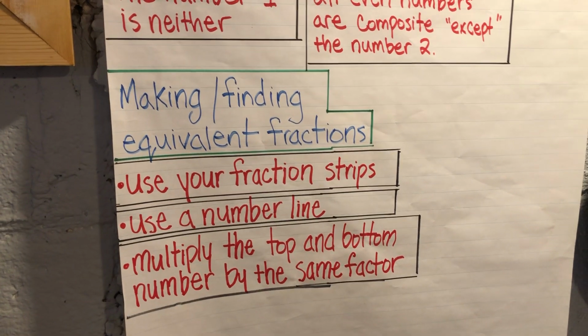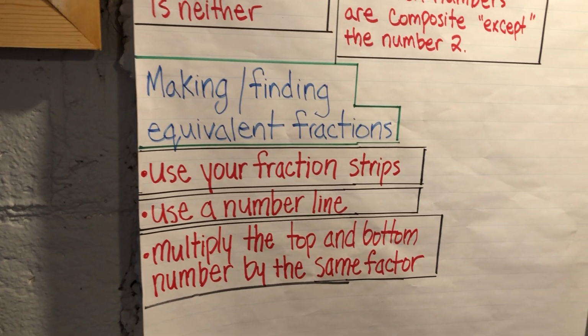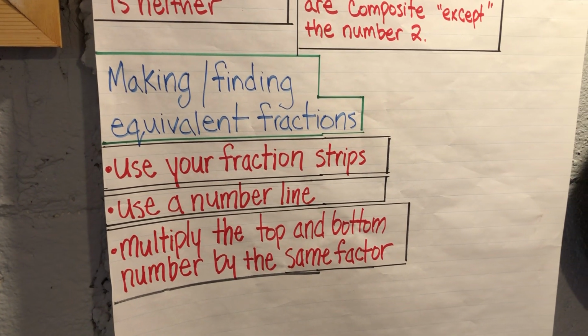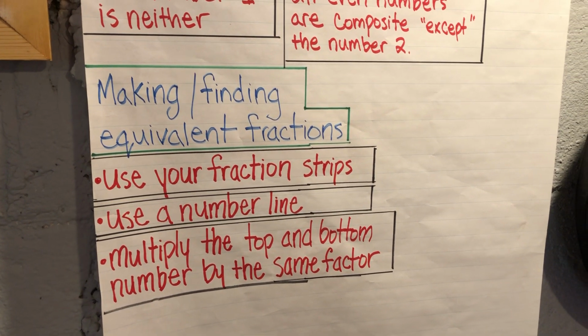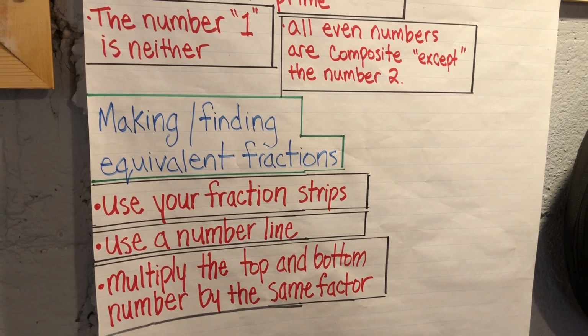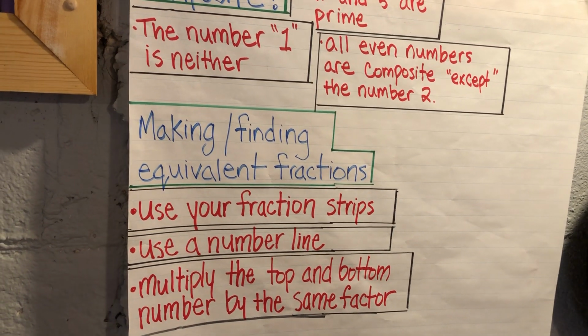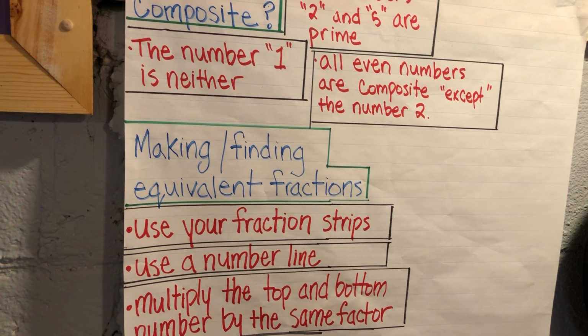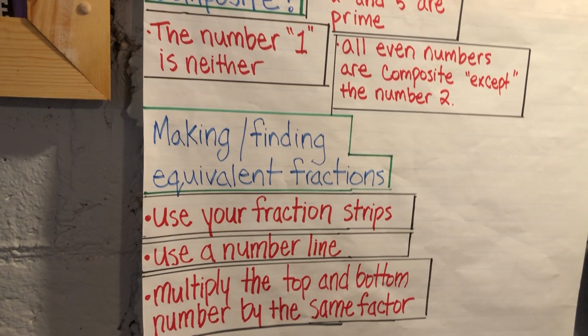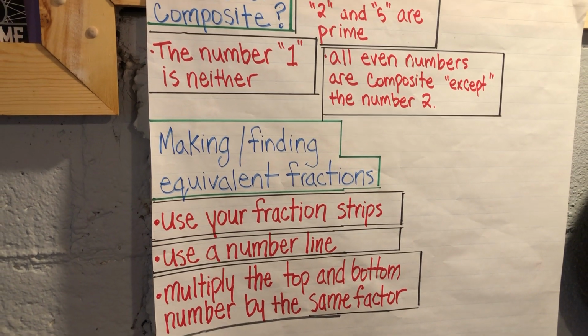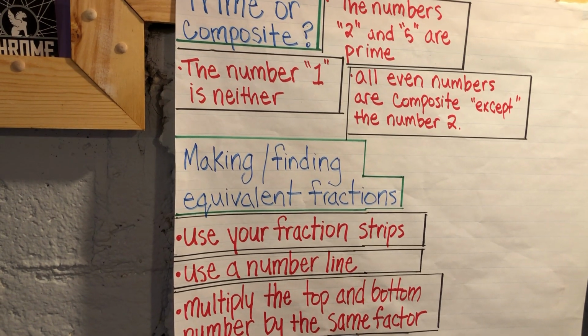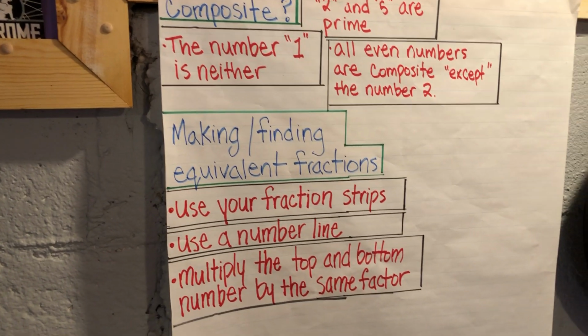Number lines are a little more tricky. Great practice within IXL for that. And multiplying the top and bottom number by the same factor, or dividing the top and bottom number, also known as the numerator and denominator, by the same number, also known as the greatest common factor.